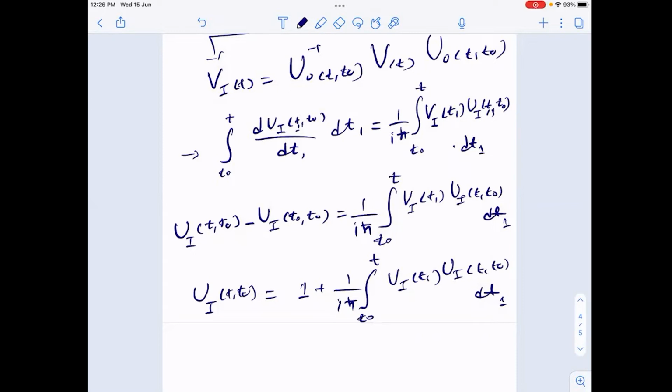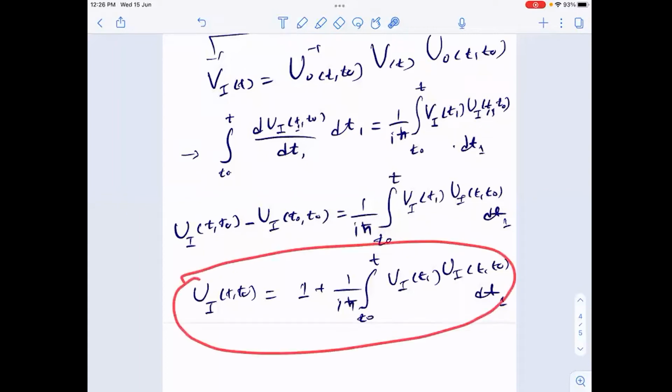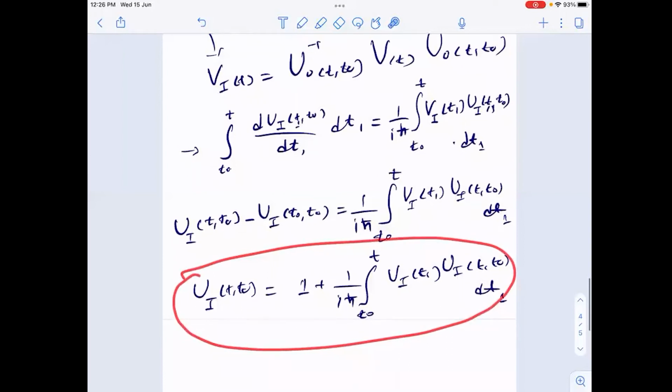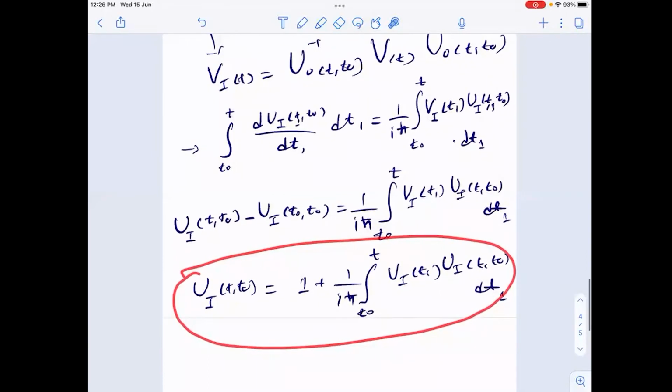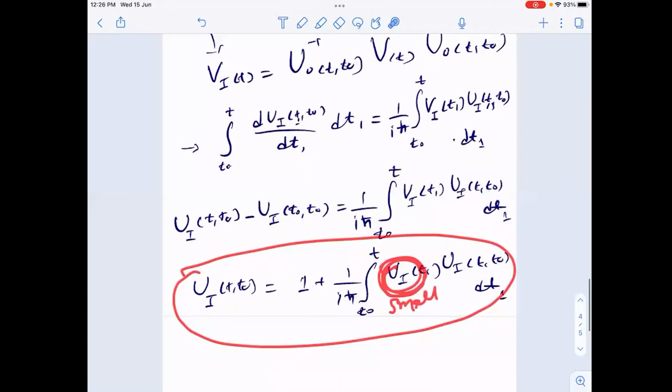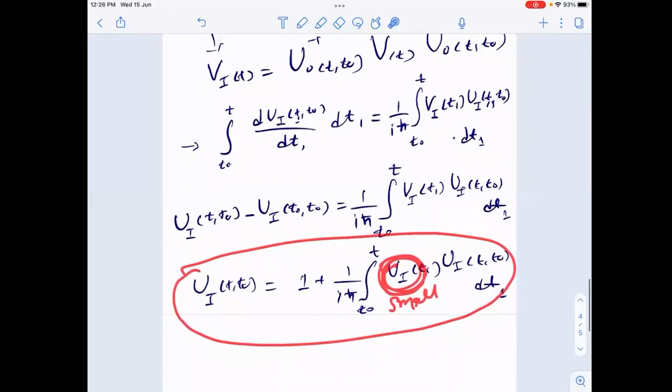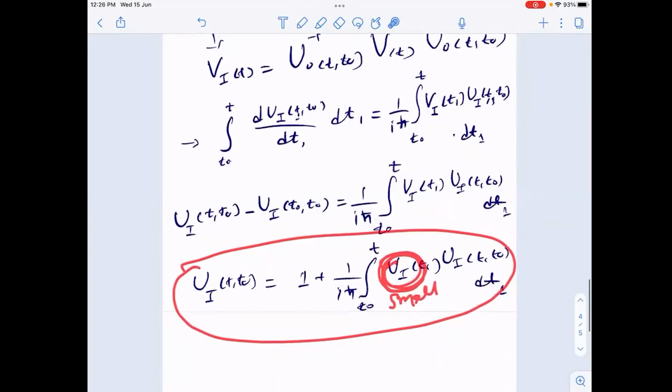Now, if you do multiple iterations of UI within this integral, what do we obtain? We can obtain an infinite series, correct or not? Because we have said that this perturbation is very small. So if we do as many iterations as we would like, we can generate an infinite series.